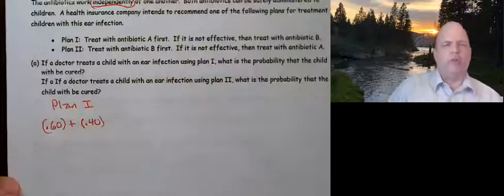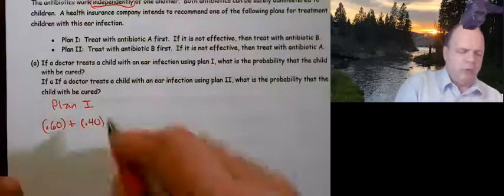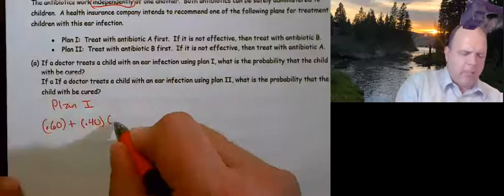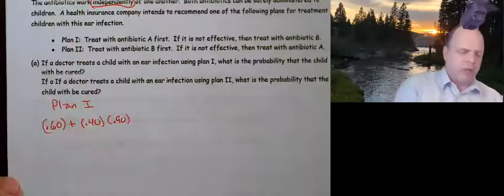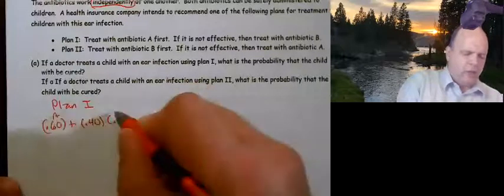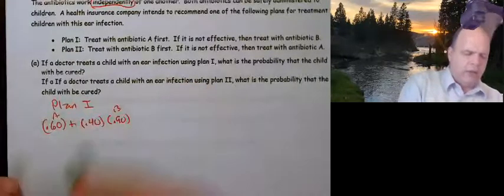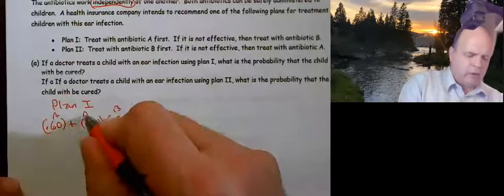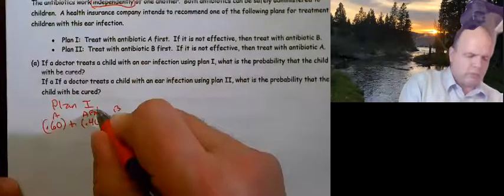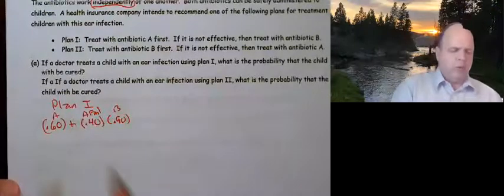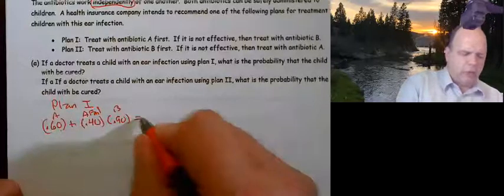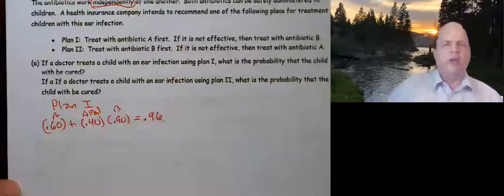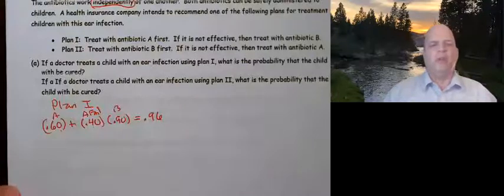And if it fails, then we're going to go to B. And the probability that B is successful is 0.90. All right, so this is drug A, this is drug B, and this is A fail. So 0.6 plus 0.36, so there's a 0.96 chance of getting cured with plan one.